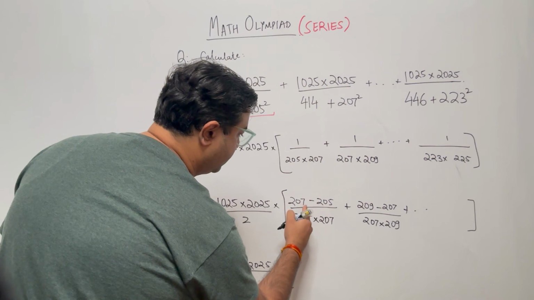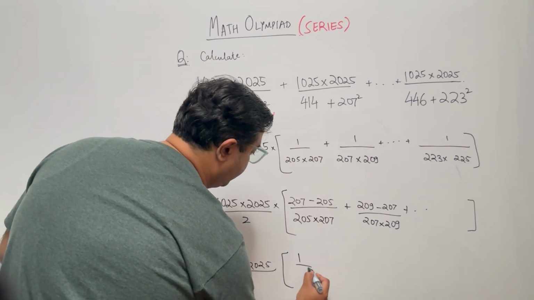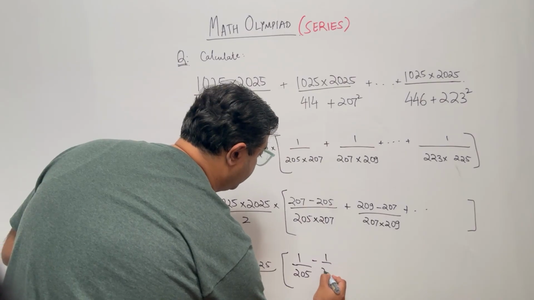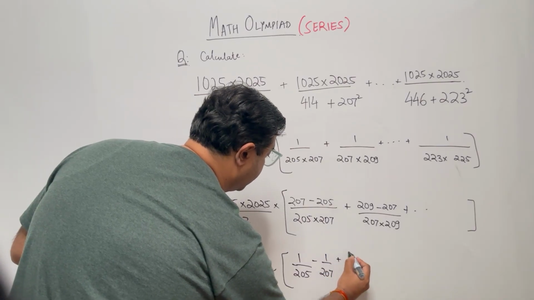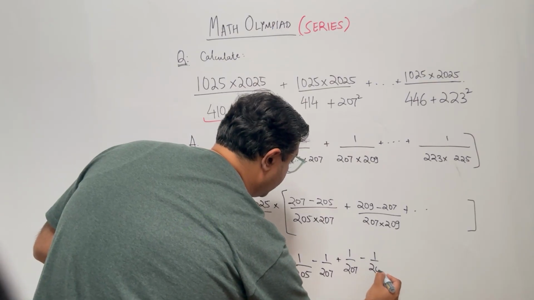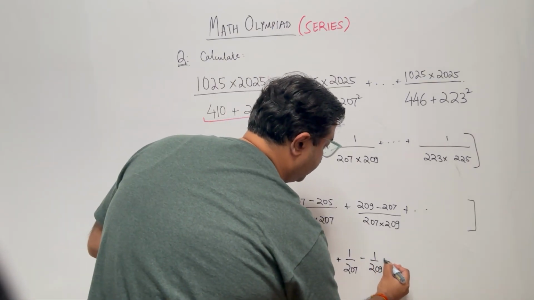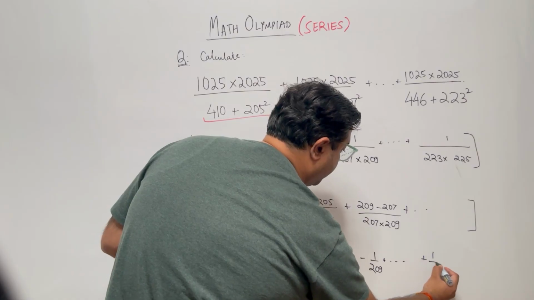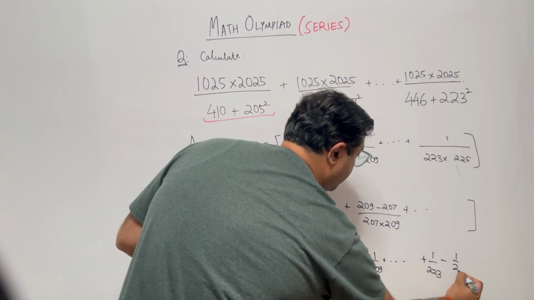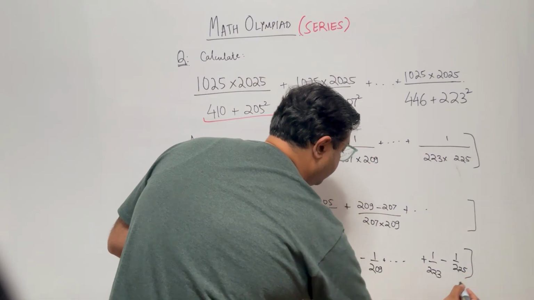So if you take the left side, it will be 1 upon 205 minus 1 upon 207 plus 1 upon 207 minus 1 upon 209, up to plus 1 upon 223 minus 1 upon 225.